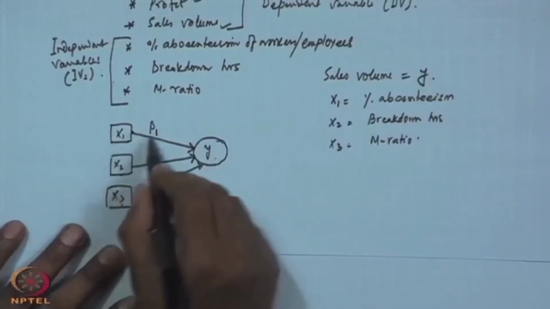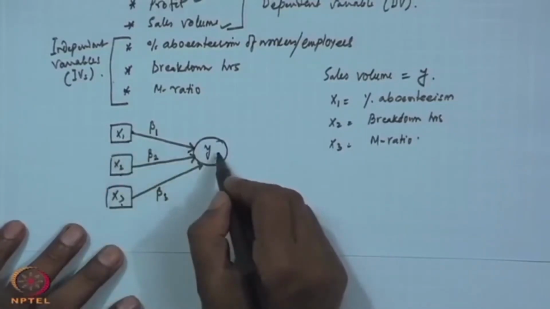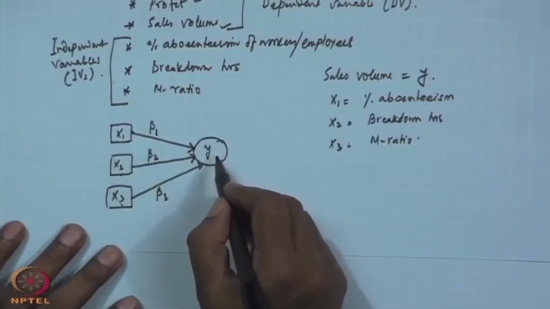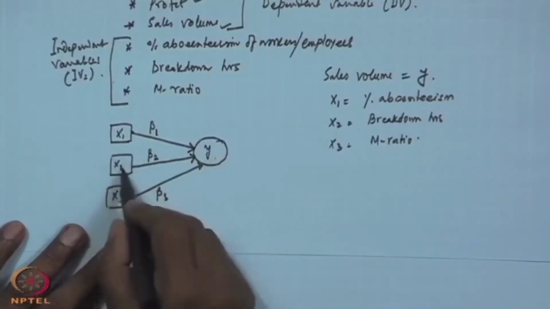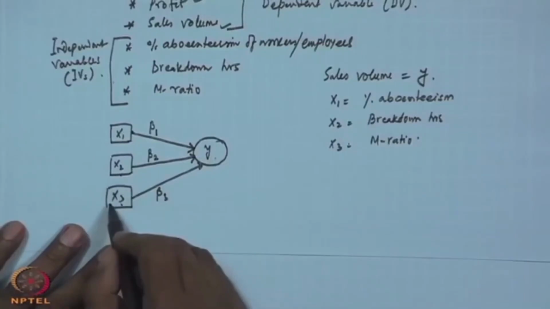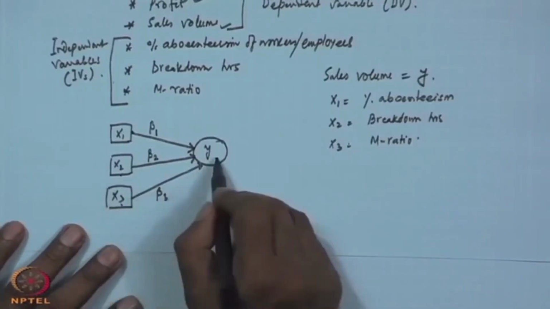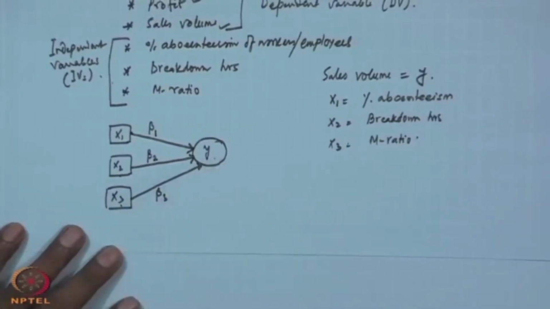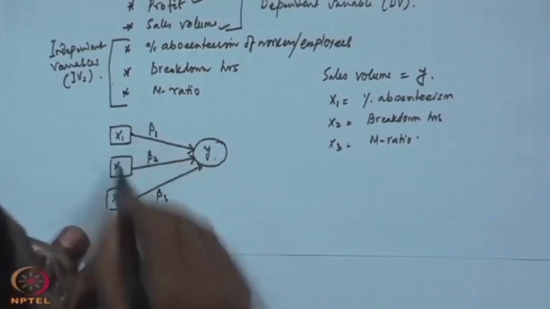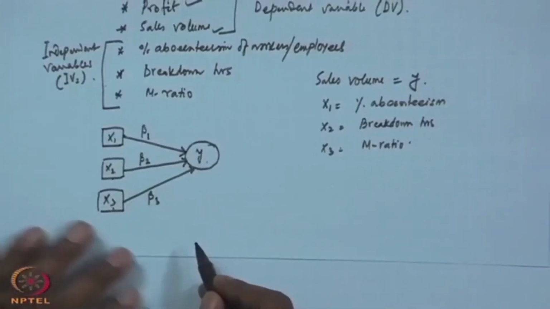Repeating, 1 unit change in x1 causes beta 1 unit change in y, 1 unit change in x2 causes beta 2 units change in y, and 1 unit change in x3 causes beta 3 units change in y. This is the meaning of these influencing parameters.